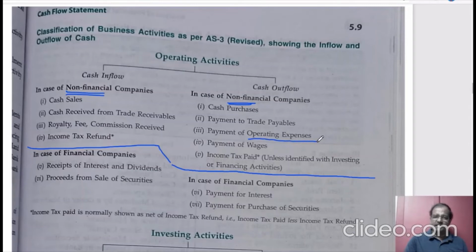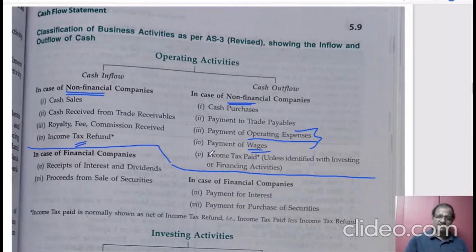So salary, wages, rent, telephone bill paid, electricity bill paid, and all these things are considered here as operating activity outflow in general. Income tax payment is obviously a cash outflow. At the same time, here we have got tax refund.